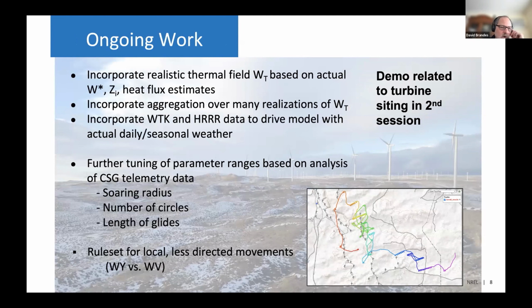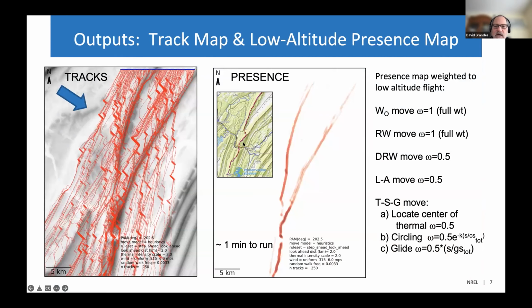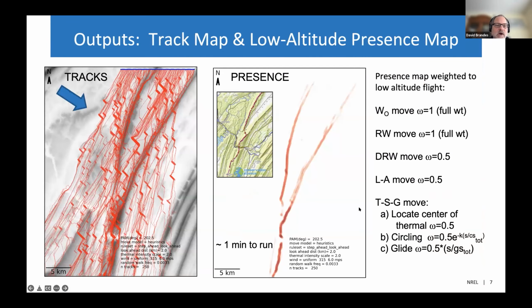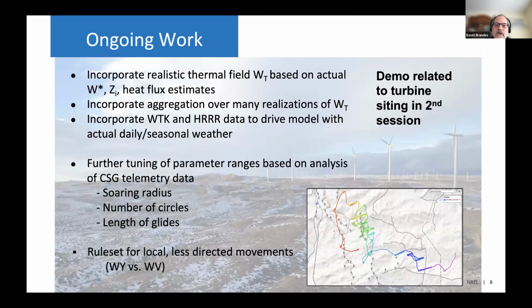There's a lot of ongoing work to incorporate the more realistic thermal and updraft fields into this. The other thing we want to do is, just going back to this slide, this is a random realization. So what we really want to do is run numbers of tracks over many realizations of the thermal updraft field to get more realistic presence maps.